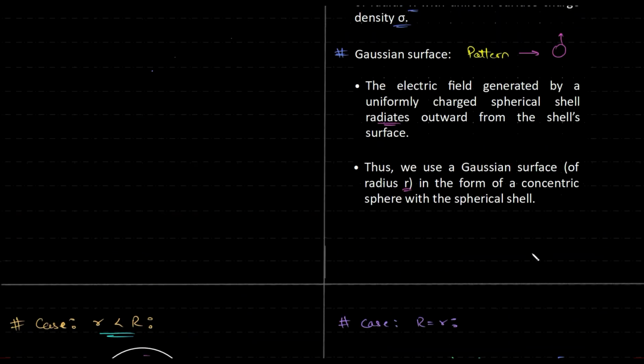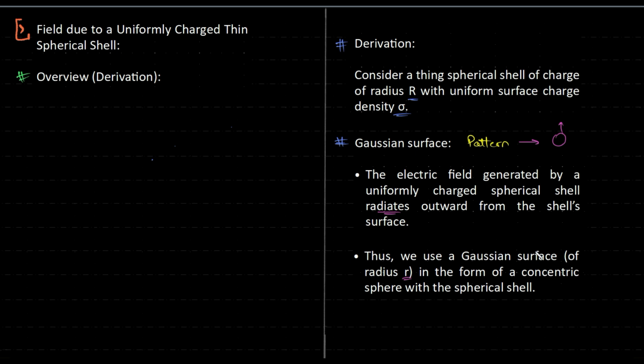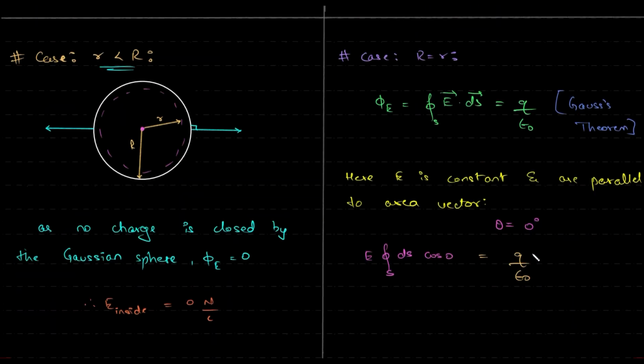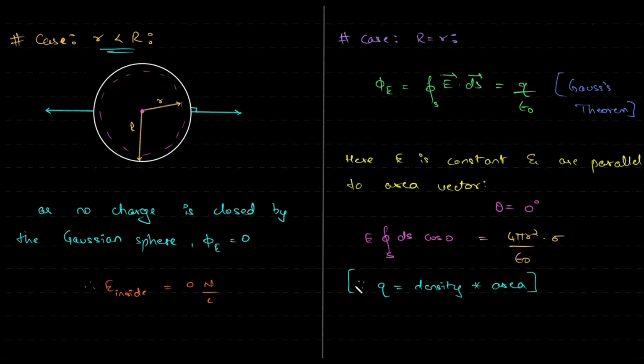The total charge is what? Total charge is not given. Total charge will be 4 pi r square into the charge density sigma. We'll write the reason over here as Q is equal to density into area, and the area of the sphere is 4 pi r square. That you need not write.